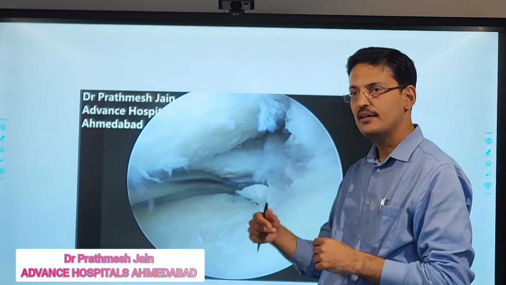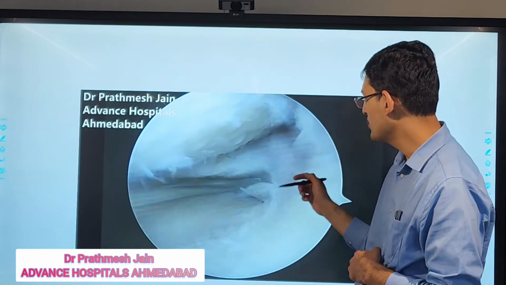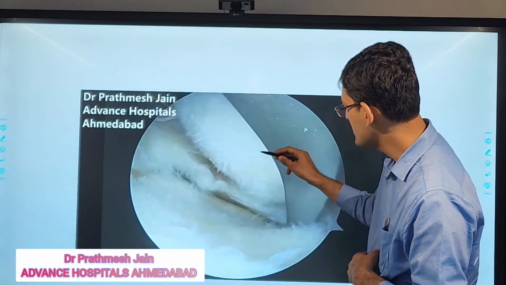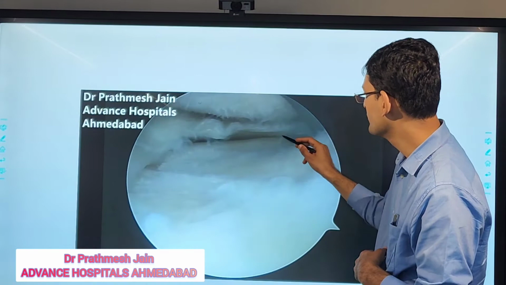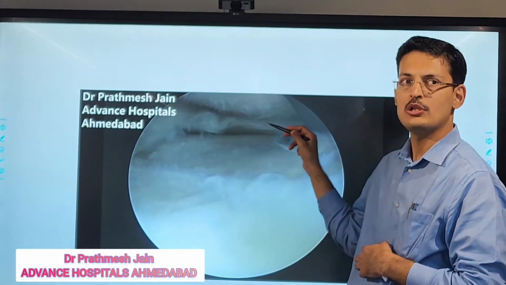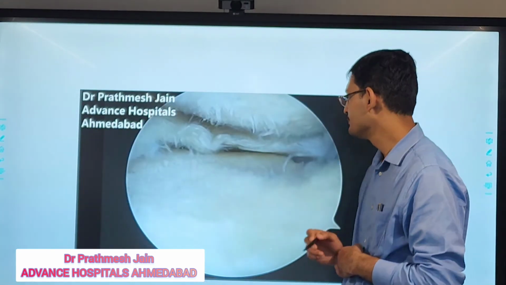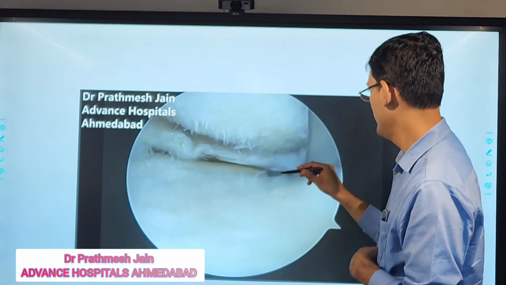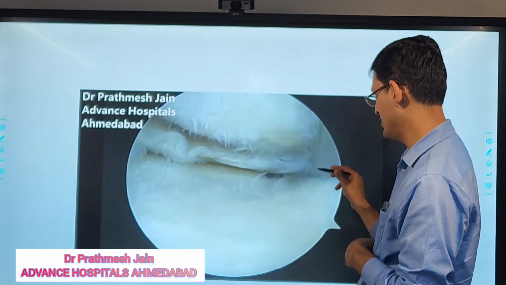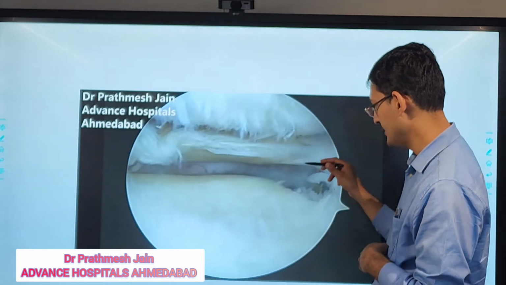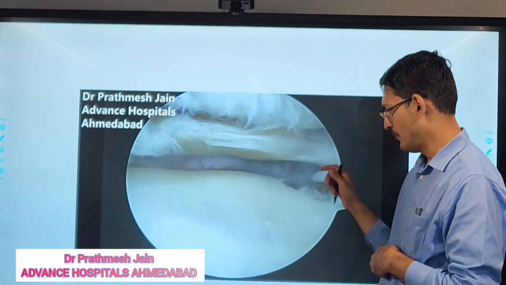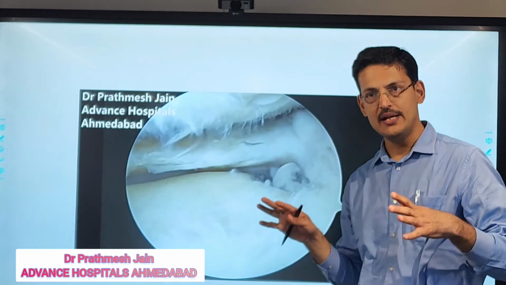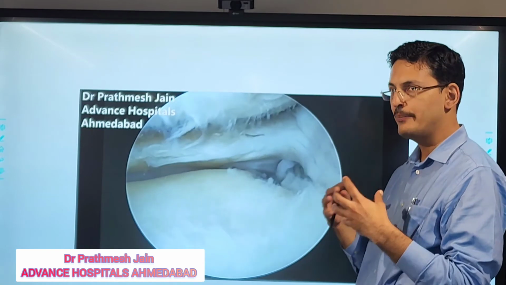Once we are done with that, now we are focusing our attention to the root. Here you can see that this root is badly torn. The condition of the meniscus posteriorly is also not good. Now we are putting a root repair jig here, and we are passing the wire. The root fix anchor system has an inbuilt set.